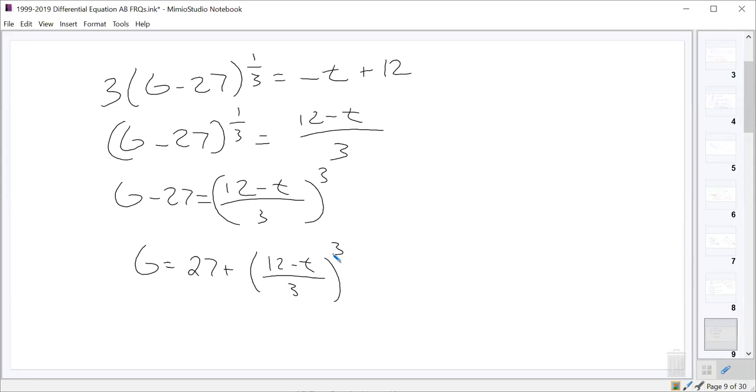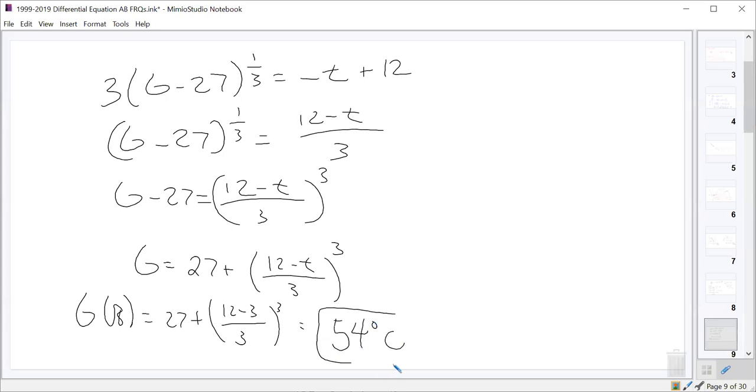There's your solution. And then the last thing it said, tell us what the temperature of the potato is at t equals 3. So we'll say g of 3 is 27 plus 12 minus 3 over 3 cubed. Well, 12 minus 3 is 9. 9 divided by 3 is 3. 3 cubed is another 27. So 27 and 27, 54 degrees. Good or no?